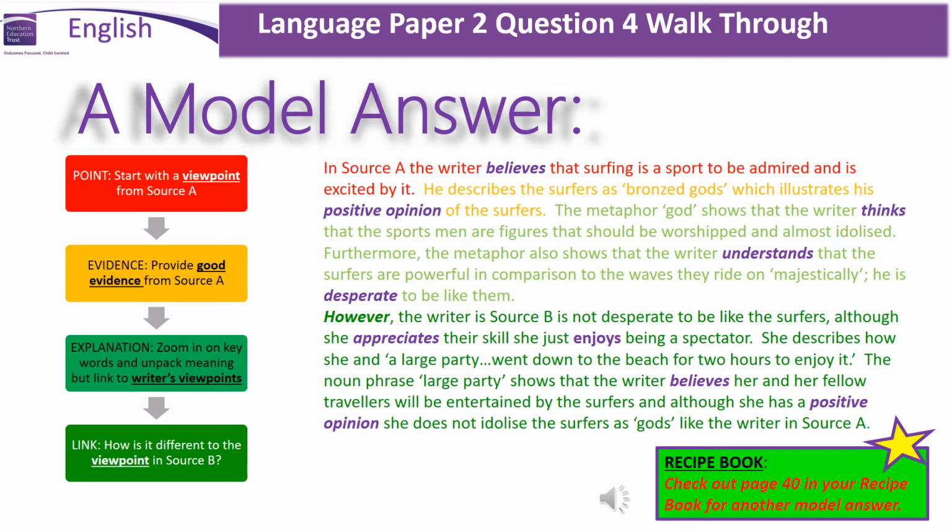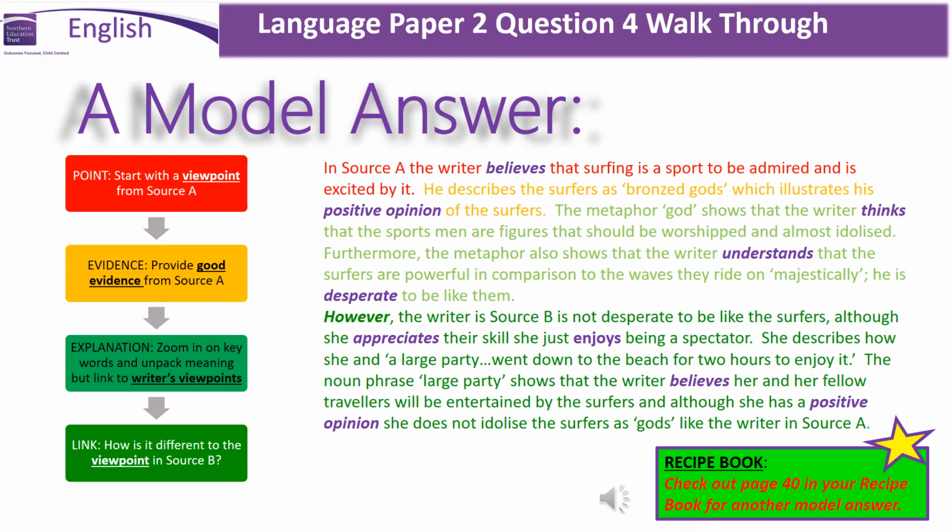So words such as believes, positive opinion, thinks, understands, desperate, appreciates, enjoys. And the reason why I've drawn your attention to those words is because those are our magic words that show the examiner that I am answering this question and I am focusing on viewpoints.